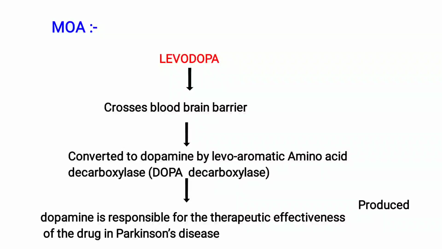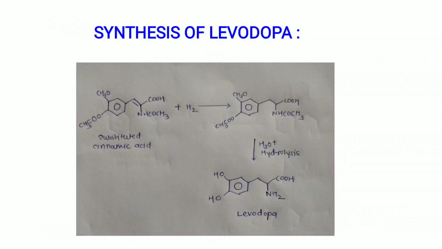Its effects depend on the increased synthesis of dopamine in the brain and are mostly related to activation of D2 receptors. So levodopa crosses the blood-brain barrier and is converted to dopamine by L-aromatic amino acid decarboxylase, and this produced dopamine is responsible for the therapeutic effectiveness of the drug in Parkinson's disease.